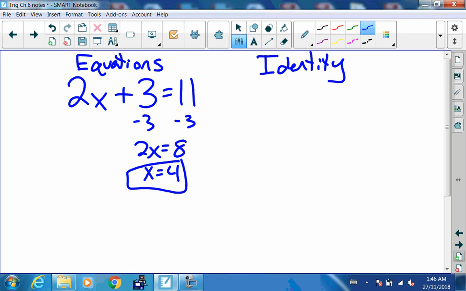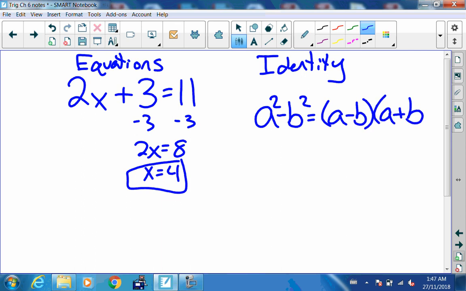So let me give you an example of an identity here. A fairly classic identity is the difference of squares identity. a squared minus b squared equals a minus b multiplied by a plus b. Now this is true no matter what values I choose for a and b.